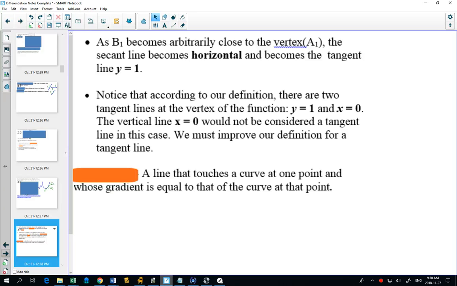So when you're wondering which way that tangent should cut through the curve, you can imagine drawing 2 points really close together and drawing the line. So that's our tangent line, a line that touches a curve at one point and whose slope or gradient is equal to that of the curve at that point.